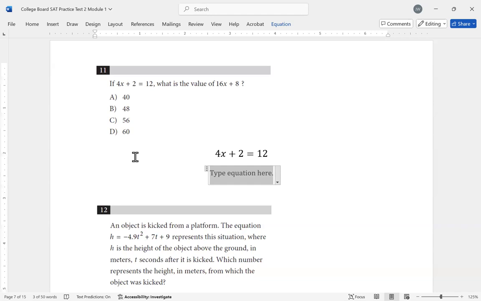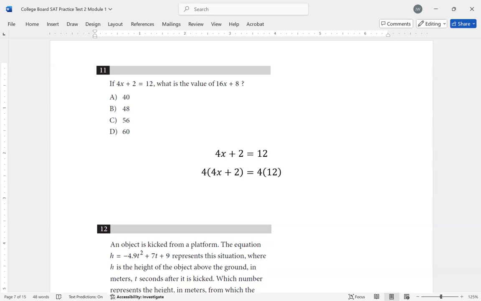Realize that 4x plus 2 is off from 16x plus 8 by a factor of 4. In other words, if I multiply 4 times 4x plus 2 and then multiply 4 times 12, I get an equivalent equation, and it just so happens that when I take 4 times 4x plus 2, I get 16x plus 8.